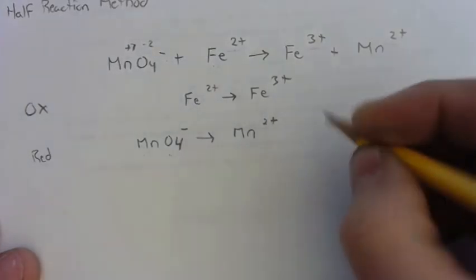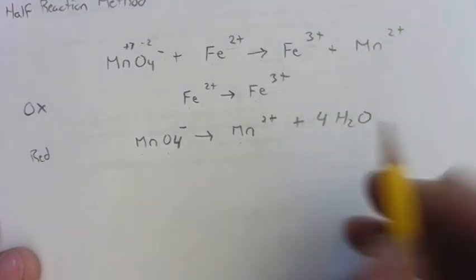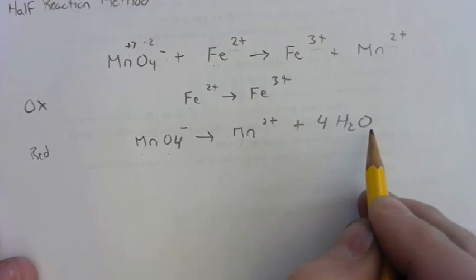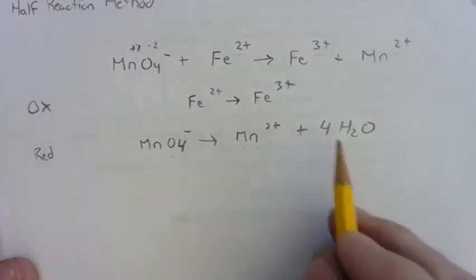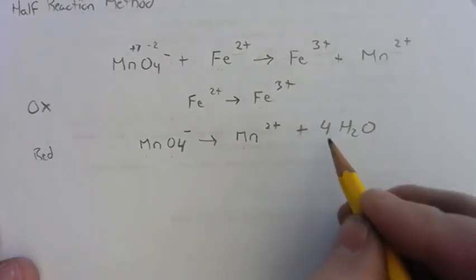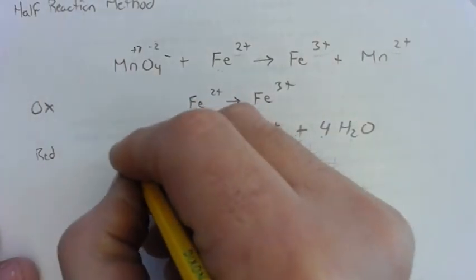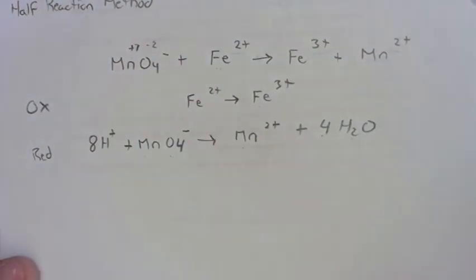We have 4 oxygens here, so we need to add 4 waters to this side. So we have 4 oxygens on each side. Then we balance out the hydrogens with H pluses. We have 4 times 2 hydrogens on this side, so we need to have 8 H pluses on that side.